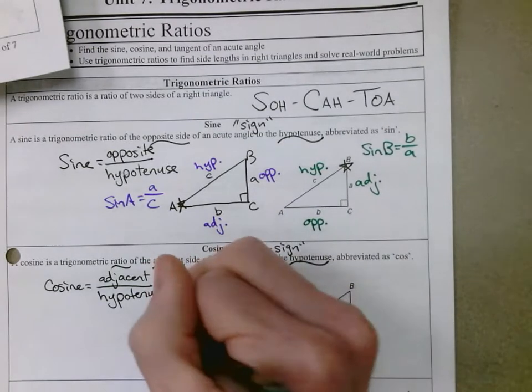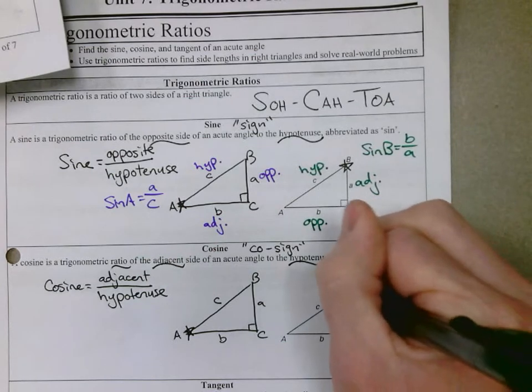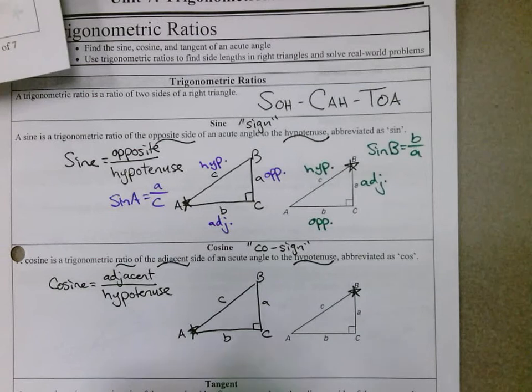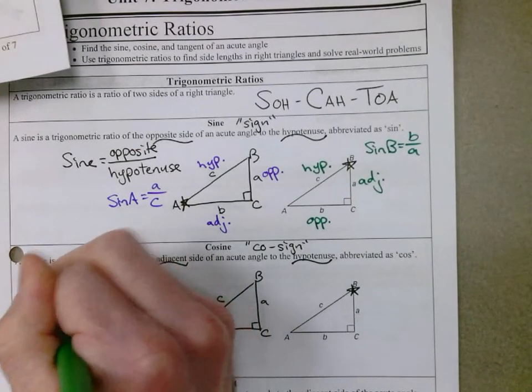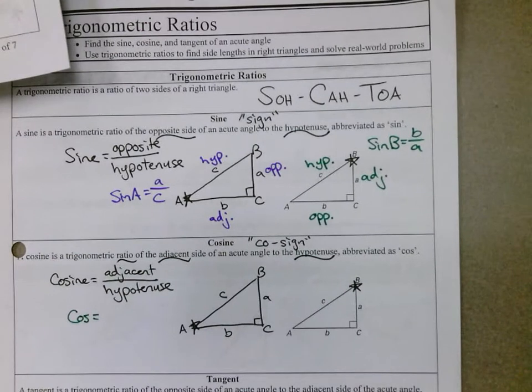We'll examine the triangle on the left from the viewpoint of angle A, and we'll look at the triangle on the right from the viewpoint of angle B. So cosine, which is abbreviated as COS, the cosine is equal to the adjacent over the hypotenuse.